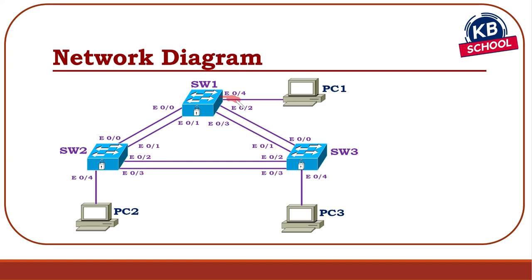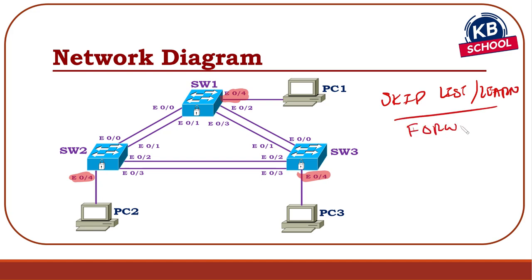Ports that are not going to cause a loop. My guarantee, the administrator says that. So on these ports that are connected to end devices, you have the ability to skip the listening and learning states and go into what state immediately? Forwarding states.